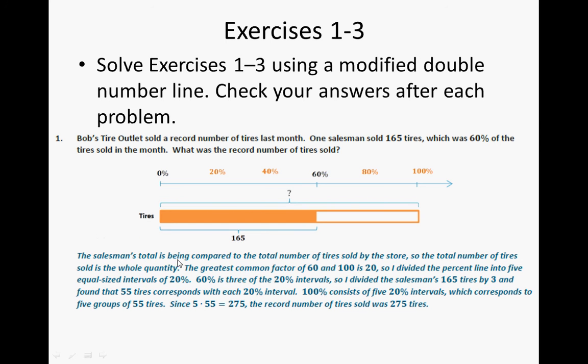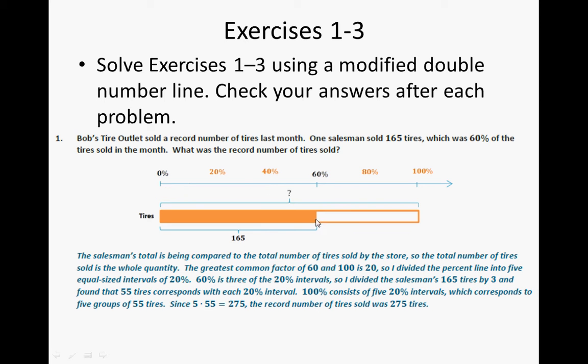So the salesman's total is being compared to the total number of tires sold by the store. So the total number of tires sold is the whole quantity. The greatest common factor of 60 and 100 is 20. So divide the percent line into 5 equal-sized intervals of 20. So this is what they do here.